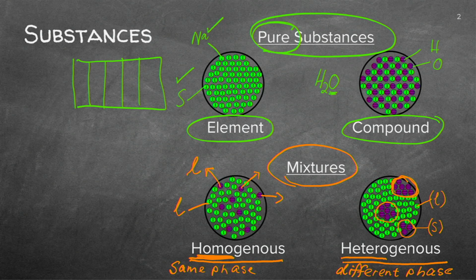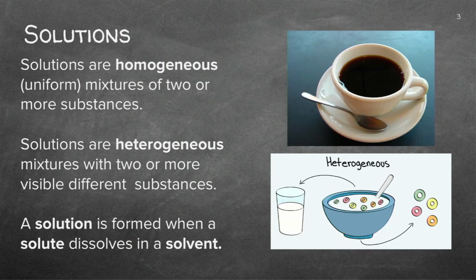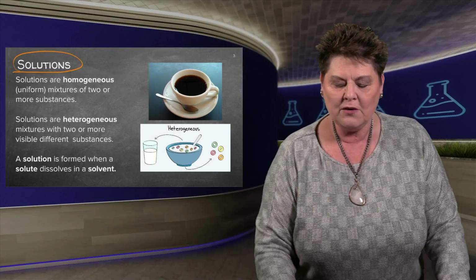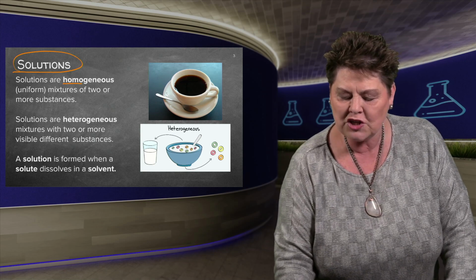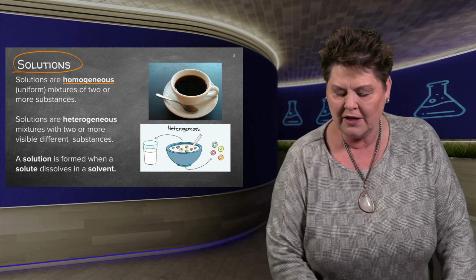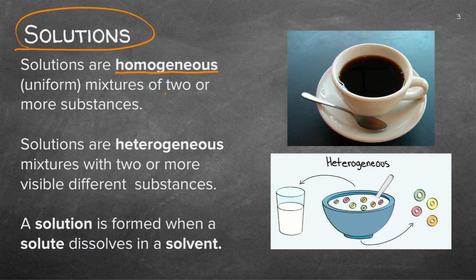So what's the definition that you have to know? In solutions, we are going to use things that we're going to add together. You can find a homogeneous solution, and it's a mixture of two or more substances. Let's quickly have a look at this cup of coffee or tea. I added here coffee. I added here sugar.